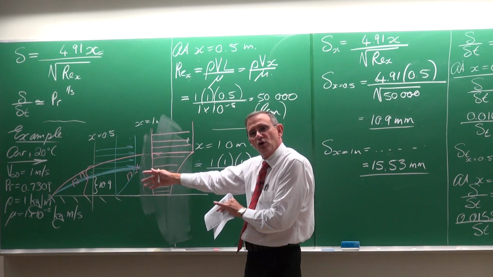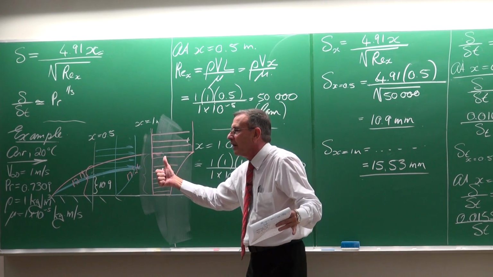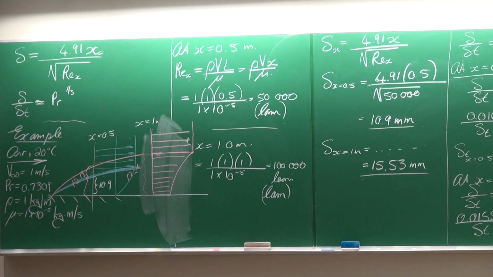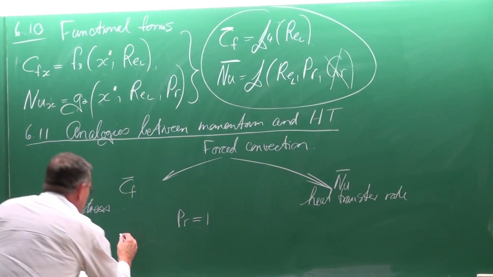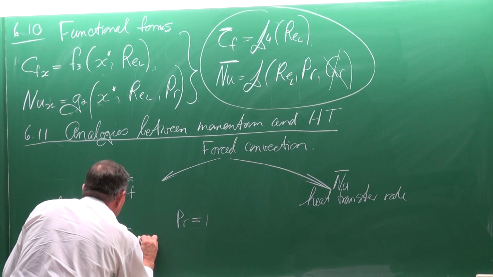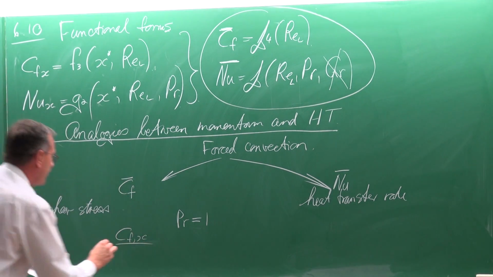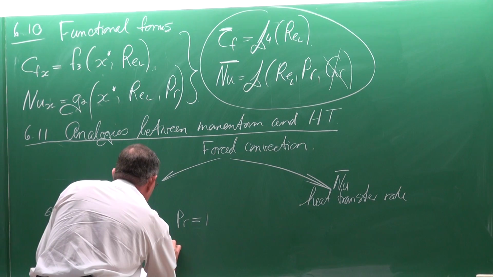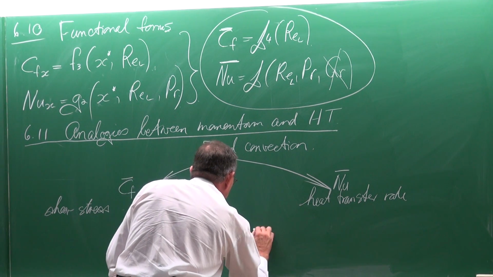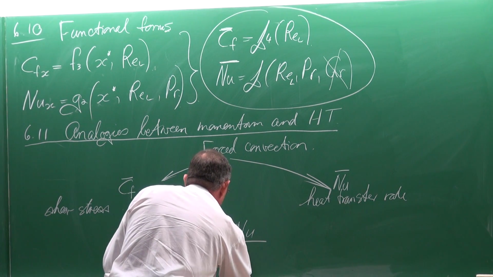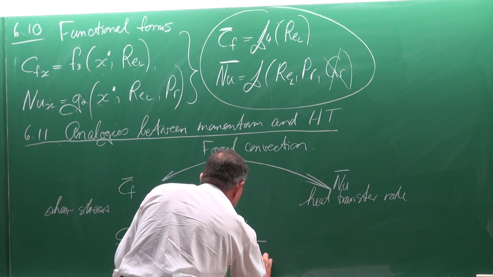The Prandtl number is 0.7, but order of magnitude is 1. Okay. So typically for this special case of Prandtl equal to 1, it derives that the friction coefficient as a function of x divided by 2 is equal to the Stanton number, which is equal to the Nusselt number divided by the Reynolds number and the Prandtl number.